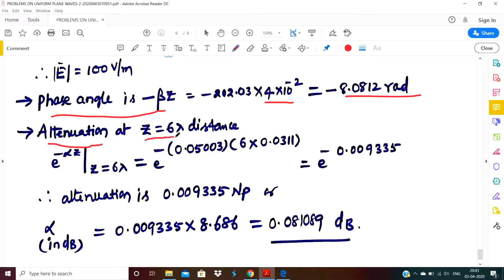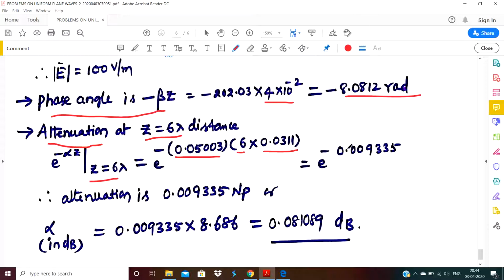Similarly, the attenuation, it is not the attenuation constant. Attenuation at Z equals 6 wavelengths distance: e power minus alpha Z at Z equals 6 lambda. So we substitute the attenuation constant alpha and 6 into the wavelength already calculated.